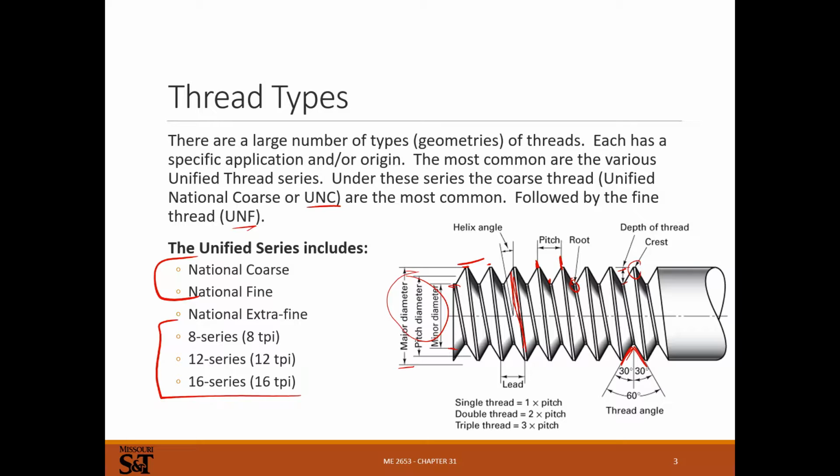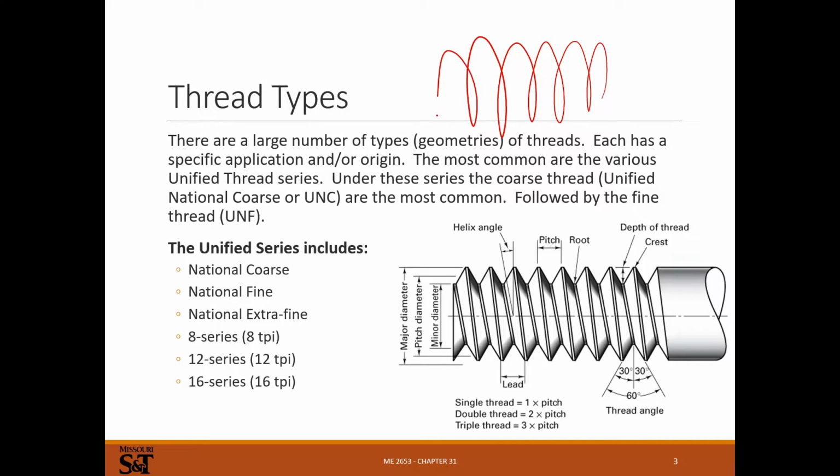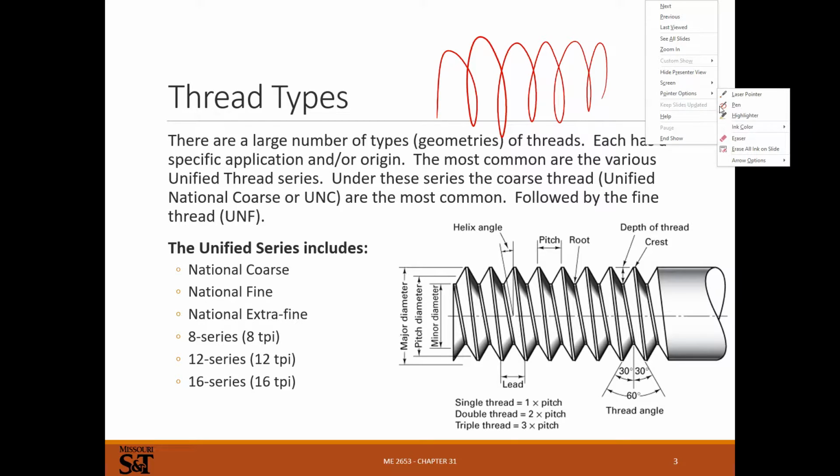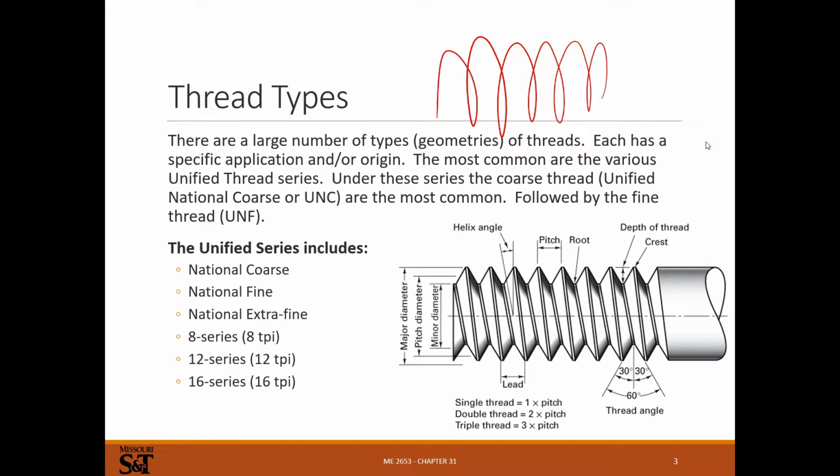So a one lead screw means that there's just one helix that wraps around this thing at whatever the pitch is. A two lead screw would have two separate helixes, so it'll be like one helix and then there'd be like another helix that would be shifted over.